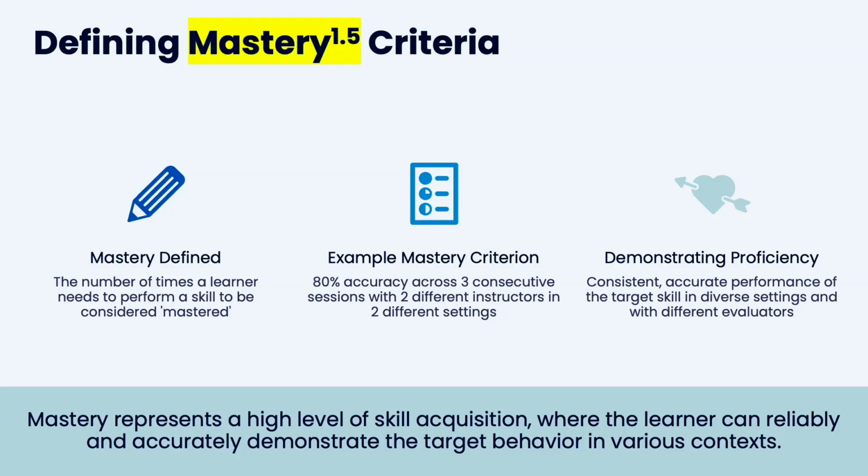So you just want to make sure it's flexible to the learner. But accuracy is how correct do they need to be? And mastery is how many times do we have to see this to say they mastered it? And so when you leave out mastery, essentially what the goal will be is if they do it one time correct, you can say they met it. Most of the time, that's not right.